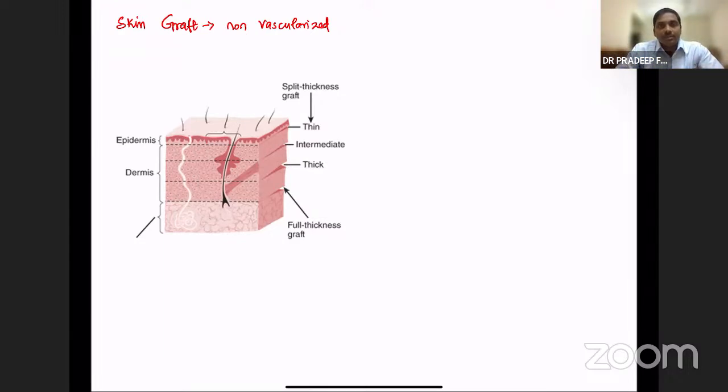The transplant grafts are vascularized ones. So the non-vascularized skin is called the skin graft. They are commonly used in areas to cover the skin, most commonly in burns, in post-traumatic raw areas, or post-debridement areas in cases of diabetic foot.